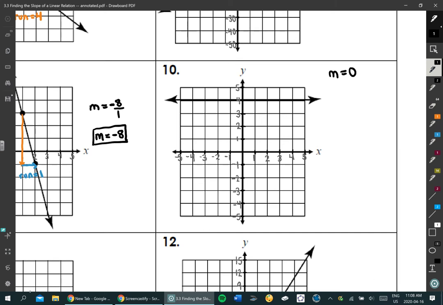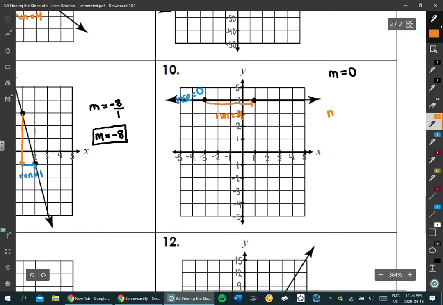Let's pick 2 points at random. What is my rise here? My rise is 0. I'm not going up, I'm not going down. Now my run is moving. I'm going from -3 to +1, so my run is equal to 4.